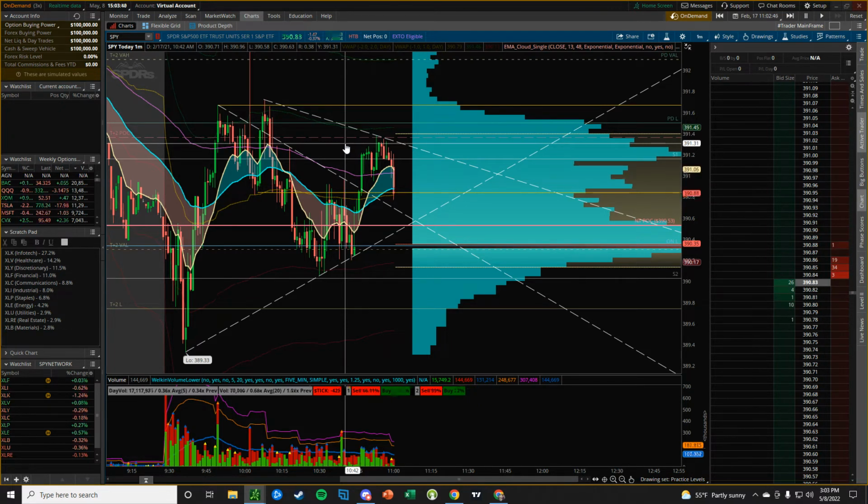It looks like it's a shame we didn't try shorting that value high. But that's okay. We didn't like the risk to reward, so we didn't risk it.